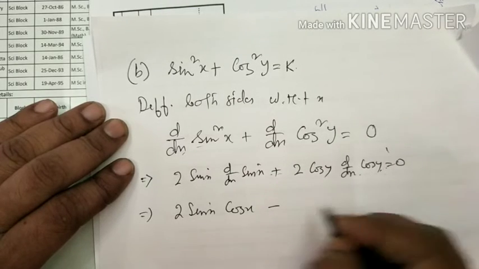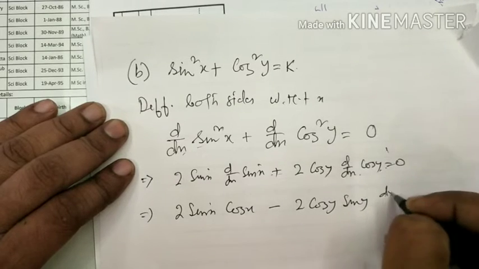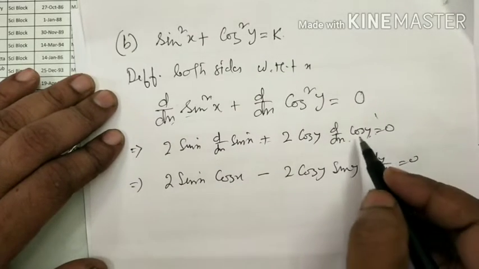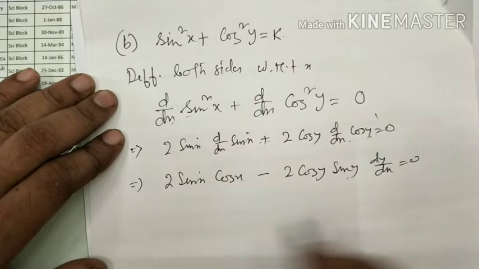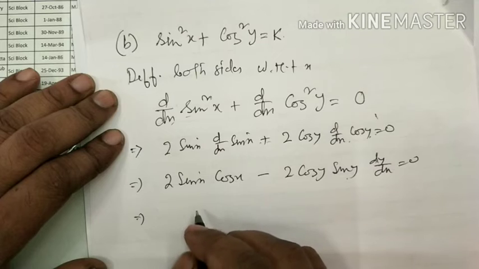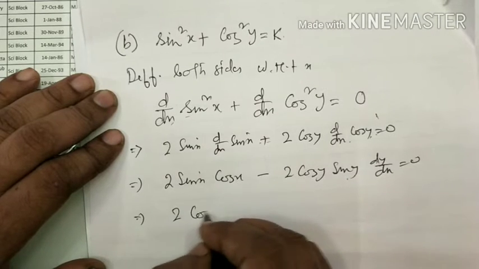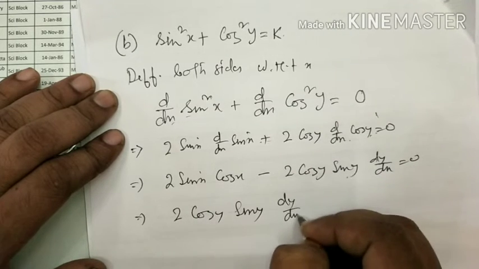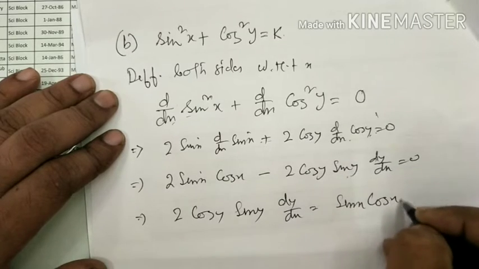Minus here, minus and plus, minus 2 cos y into sin y into dy by dx as I have explained. Okay, what will be the derivative of cos y? Minus sin y. Again derivative of y with respect to x. 2 to cancel, or finally don't cancel the 2. You write like 2 cos y sin y dy by dx equal to sin x into cos x.